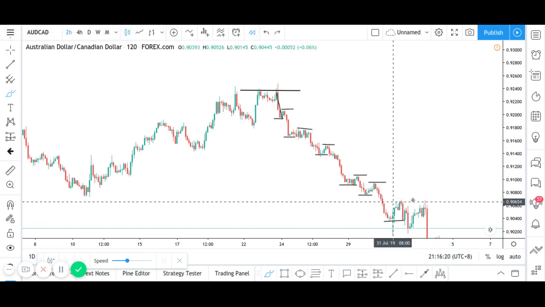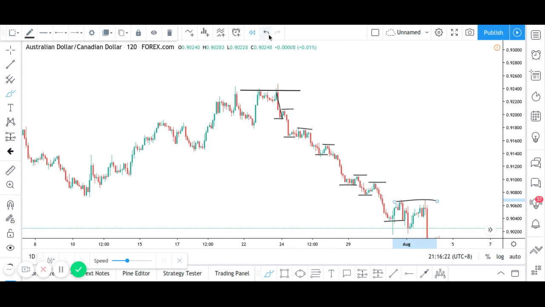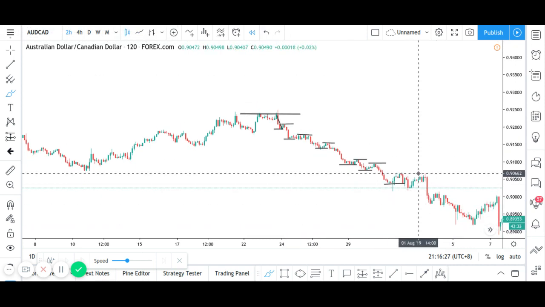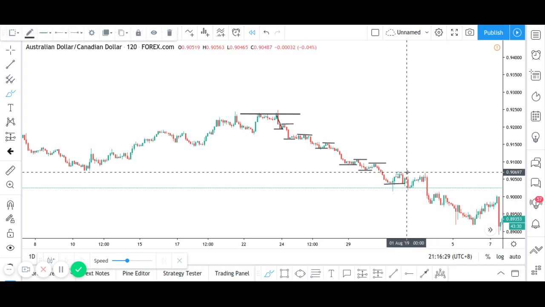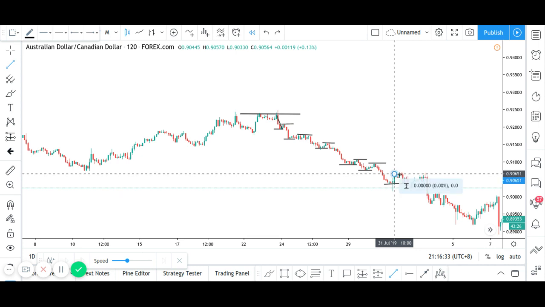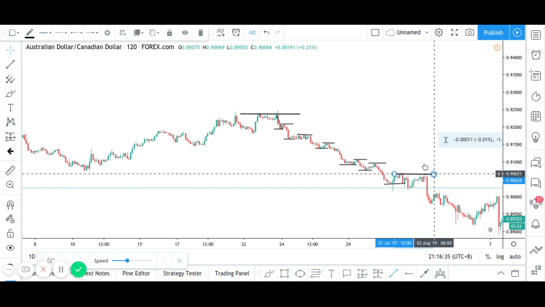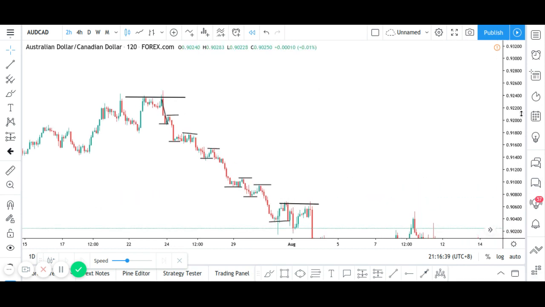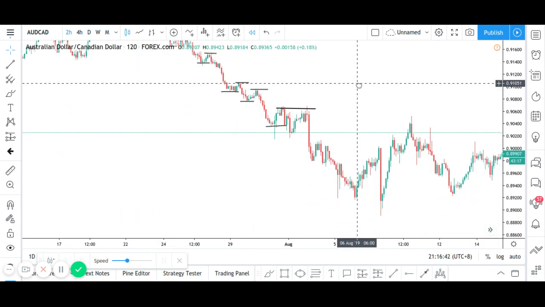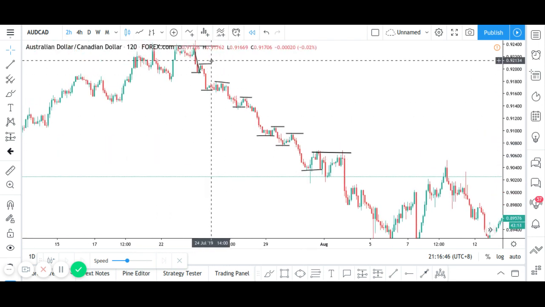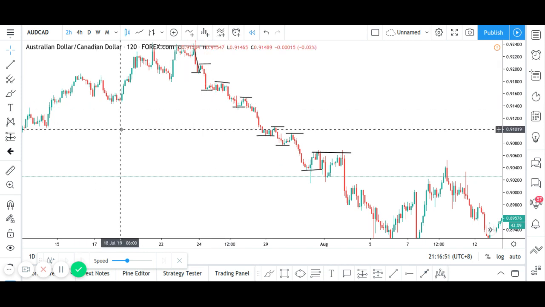So also, what we can see is this is a double top area because the market closed exactly in confluence with that next high. So the market created another lower low. This is how we know that the market structure is bearish.